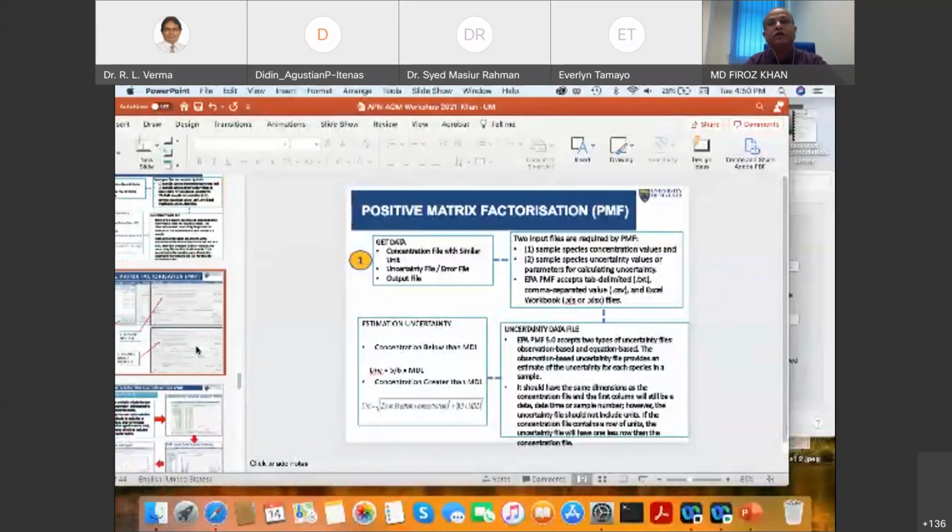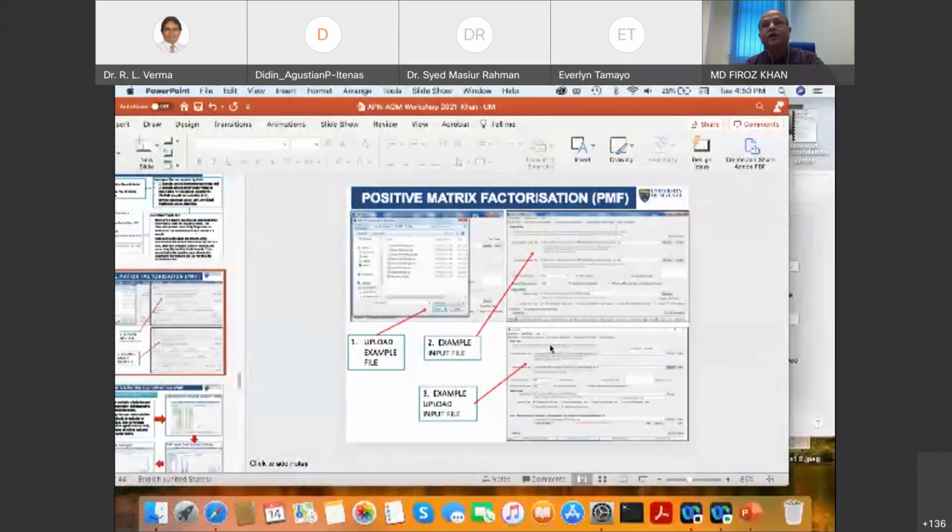Let's move on. In the next slide here, I have given a step by step guide on how you can upload your data. If we start from the top right panel here, there are two boxes, the concentration data file and the uncertainty data file. On the right side here, you simply need to click and locate your data file where you keep it. On the left side here, number one, if you click on the right, you will link to your data file.